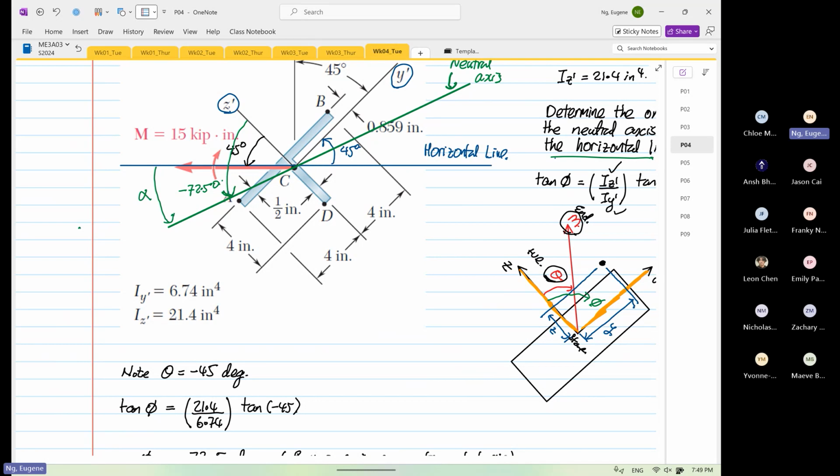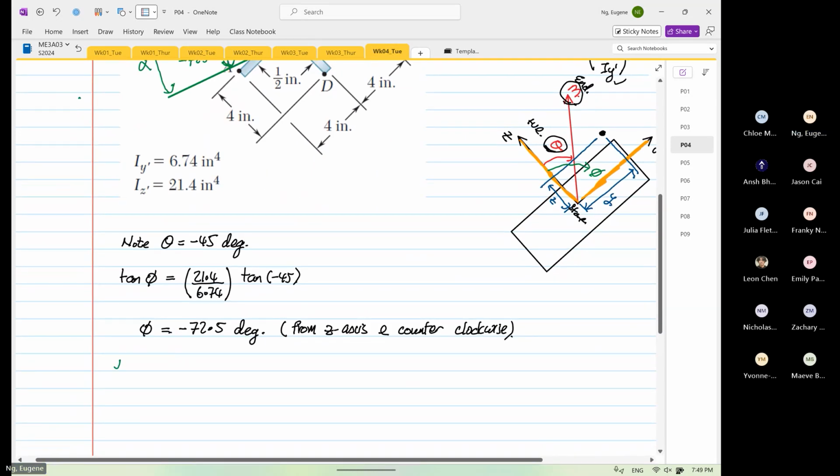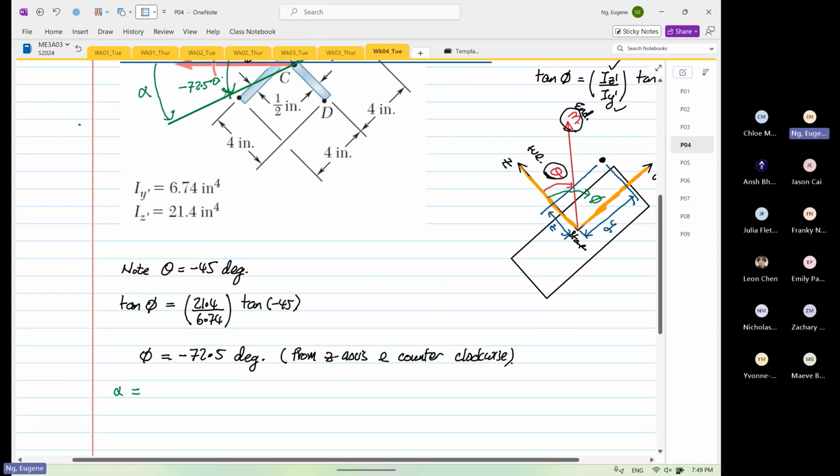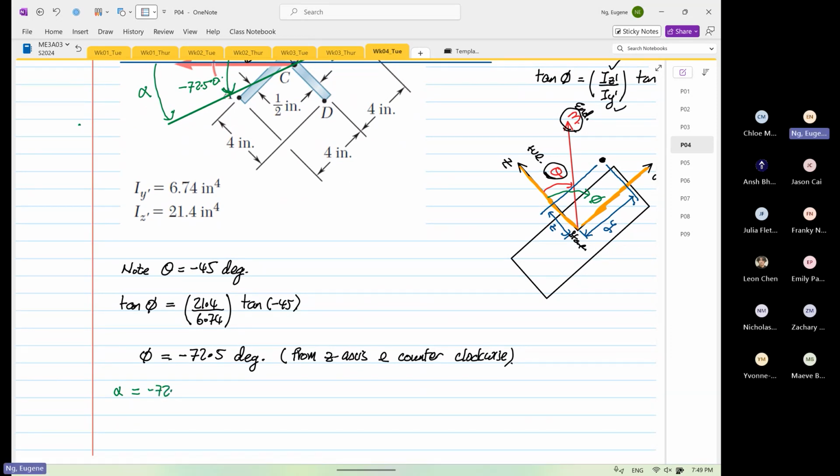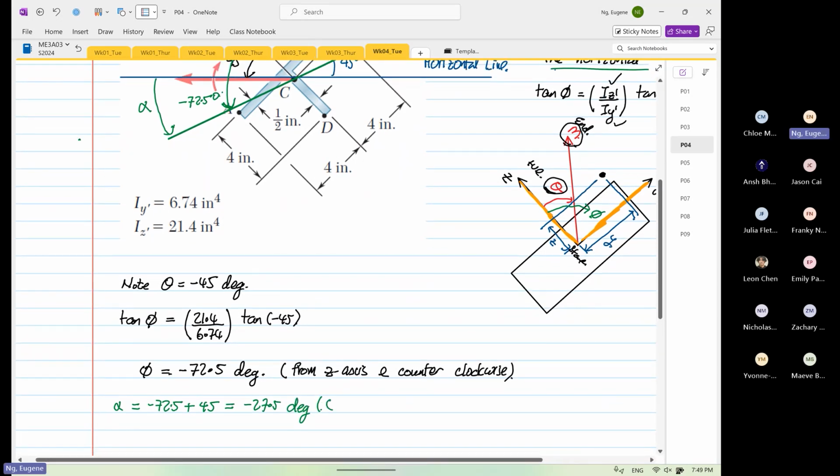Okay, so we know that alpha angle is equal to minus 72.5 plus by what? 45. So it's equal to minus 72.5 plus 45, which is minus 27.5 degrees. And you just need to put in that this is going in an anti-clockwise direction.